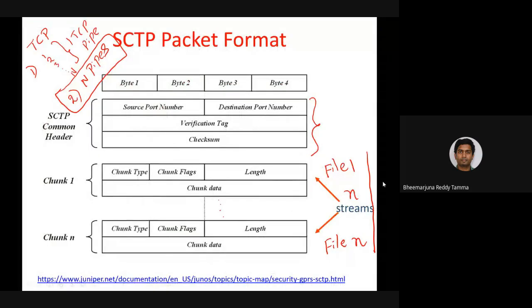Yeah, you are right. So what you are implying is there's an overhead of establishing N pipes, which you don't have to do when you are using SCTP, where I can establish only one SCTP pipe and start sending the data of N files in parallel as one of the N chunks in each of the SCTP packets between sender and receiver.